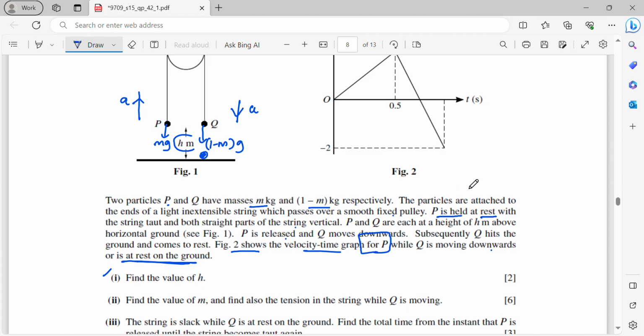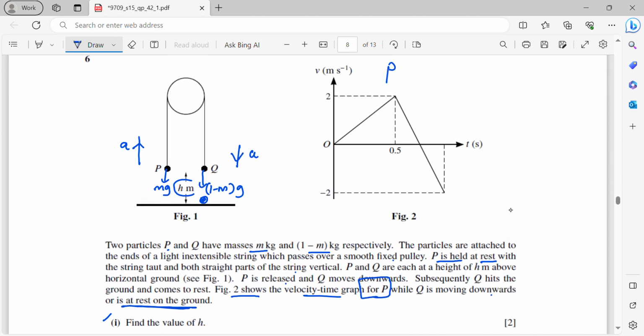To get this, we know that h is the distance traveled by Q, because Q goes down or P goes up by h meters. Now, when you look at figure 2, the velocity-time graph, this is to get the displacement because V is a velocity.